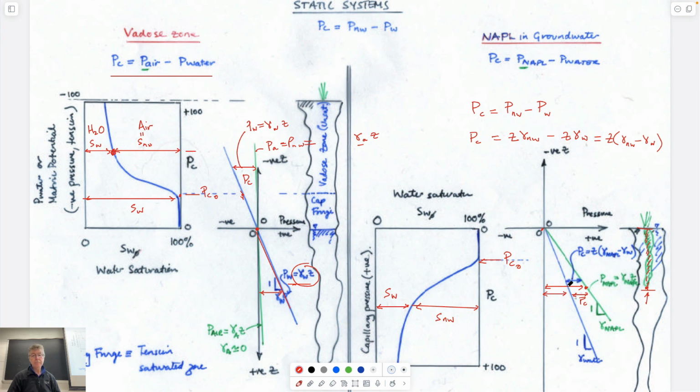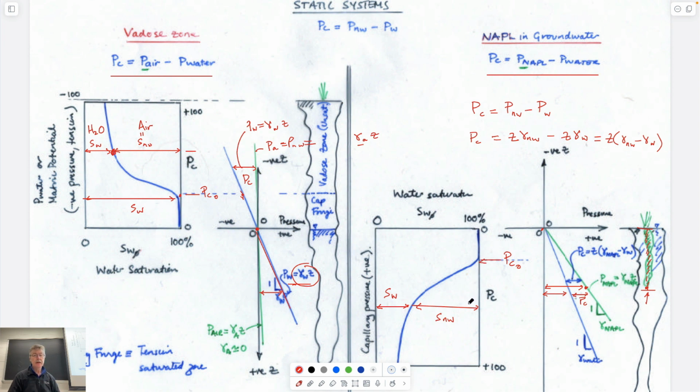If we know what the difference between the pressures are at any point, as in the definition of the capillary pressures is just the difference in pressure between the blue and the green curves, either below the water table or above the water table, then that allows us to scale vertically. And if we can scale vertically, we can get the saturations with depth. And we can also determine what the height of the column of fluid would have to be before we invade it.